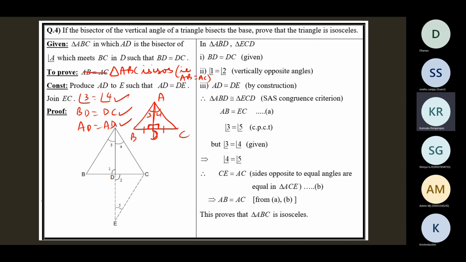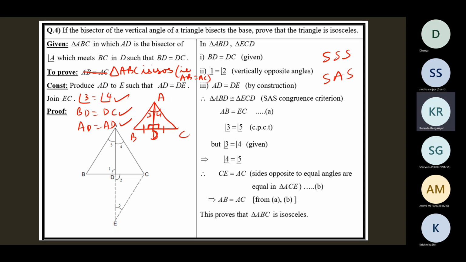What congruence rule does this make? Or does it satisfy any congruence criterion? No, ma'am. Because when we have two pairs of equal sides, we have only two conditions. Either it should be SSS or it can be SAS, nothing else. So SAS means it should be two sides and the included angle.